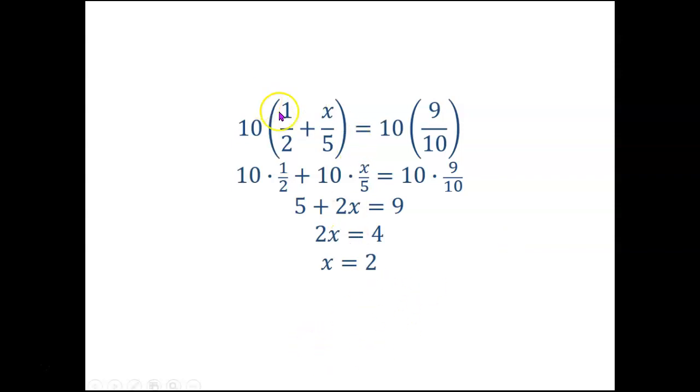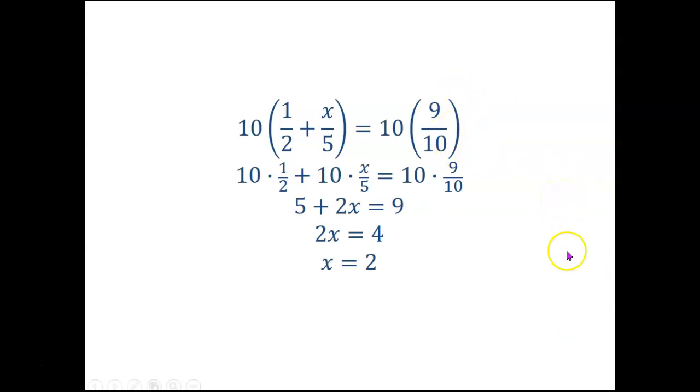If you want to check, 1/2 plus 2/5 does equal 9/10 if you add them according to the rules of fractions. Or if you do them in decimal form, 1/2 would be 0.5, 2/5 would be 0.4, add those together you get 0.9, which is what 9/10 would be in decimal form.